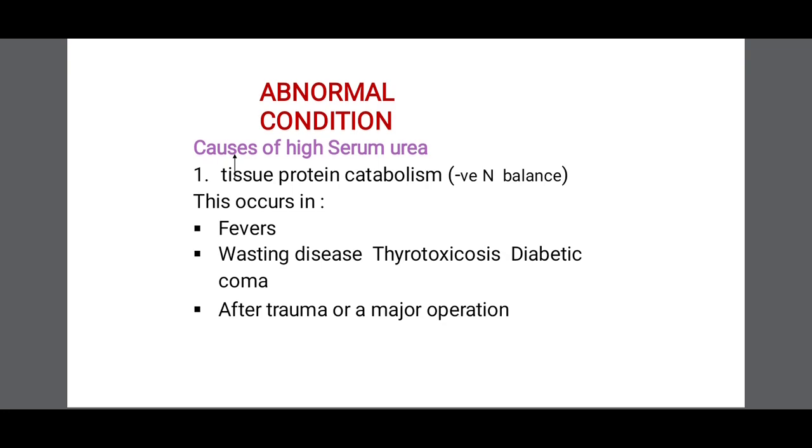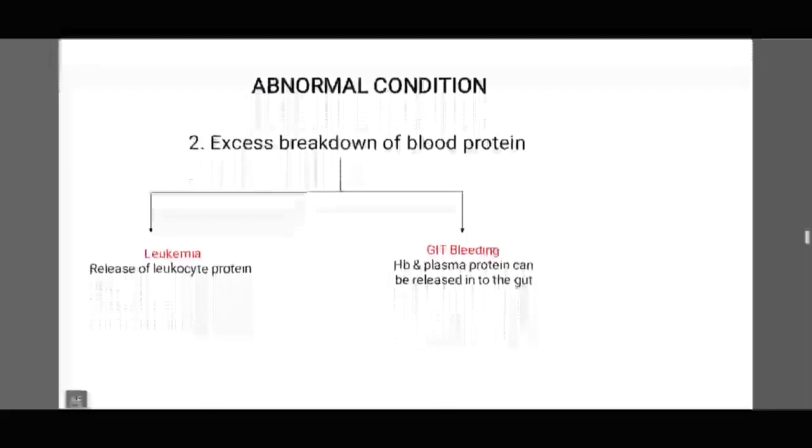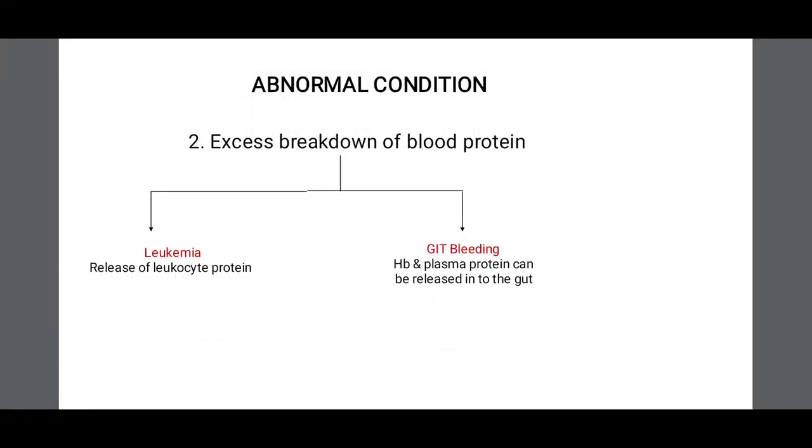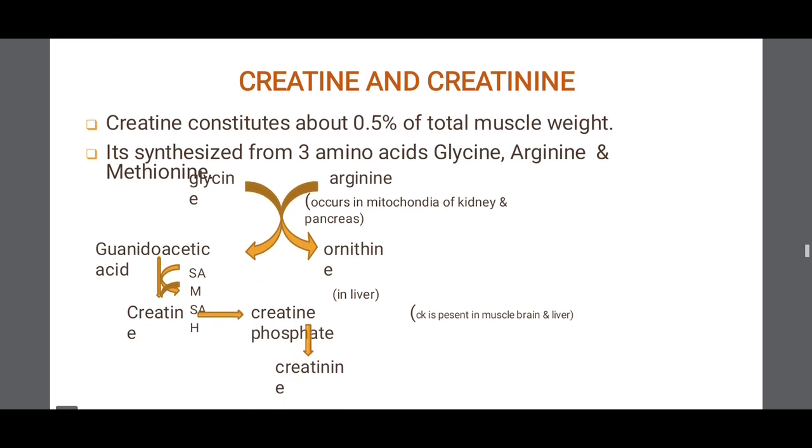In all these conditions the serum urea level will be high. Excess breakdown of blood protein also leads to an increase in urea level, as in leukemia, release of leukocyte protein, and GIT bleeding, where hemoglobin and plasma protein are released into the gut. Thus there will be an increase in blood urea.